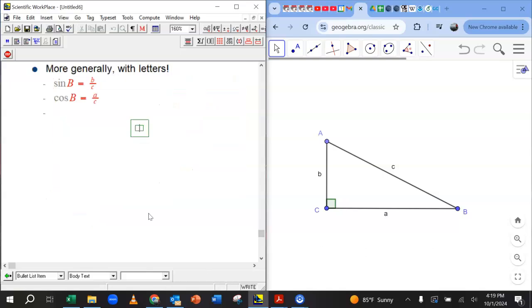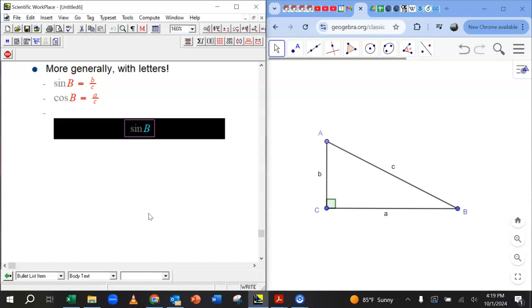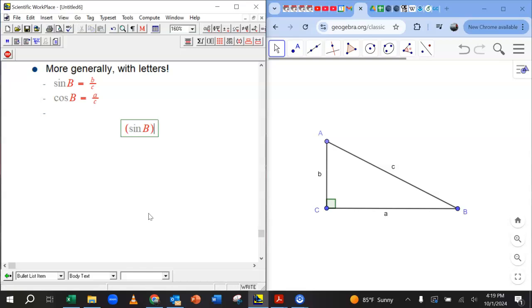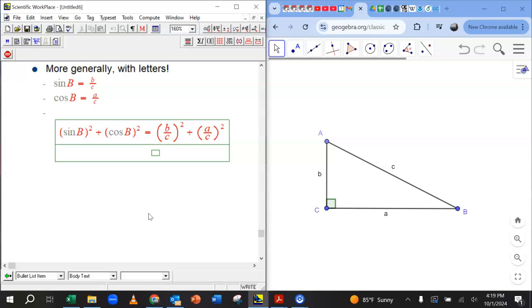We're going to do the same thing: take sine of B and square it, and take cosine of B and square it. That's going to be the quantity b over c all squared plus a over c all squared.